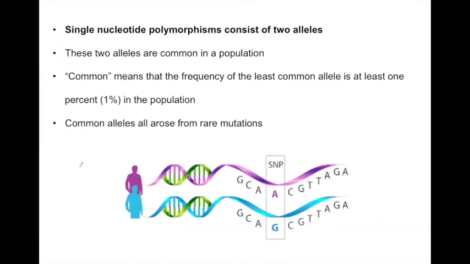They have 2 alleles, for example, an A and a G allele, and they are usually common in a population, with the minor allele making up at least 1% of a population. But all of these alleles, of course, arose from rare mutations.